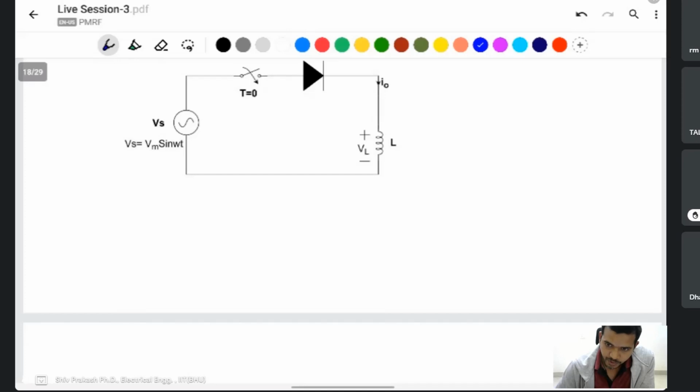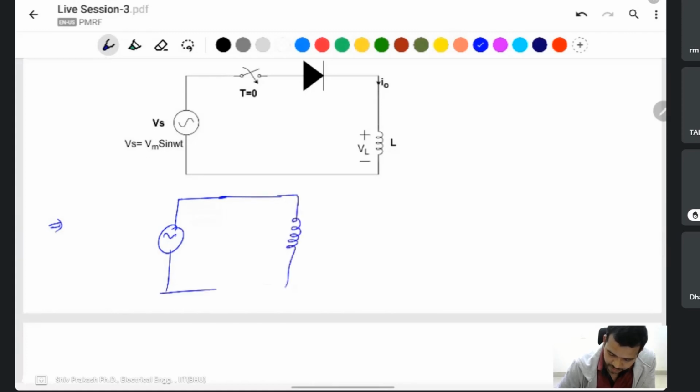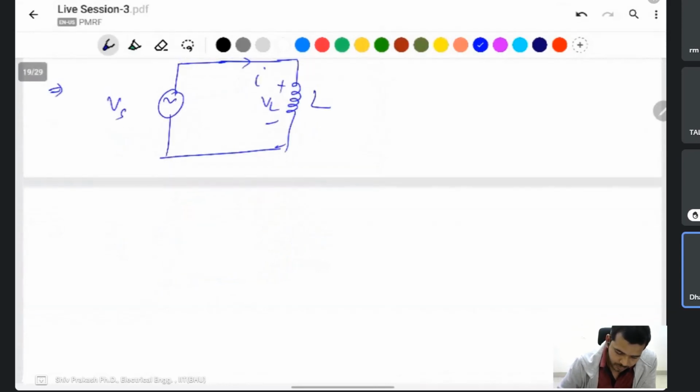Okay, let's see what happened. Same circuit. When the switch is on, I apply a sinusoidal signal, and only the inductor is present here, with current I and source Vs. You know VL is equal to Vs, and Vs is equal to Vm sin omega t.